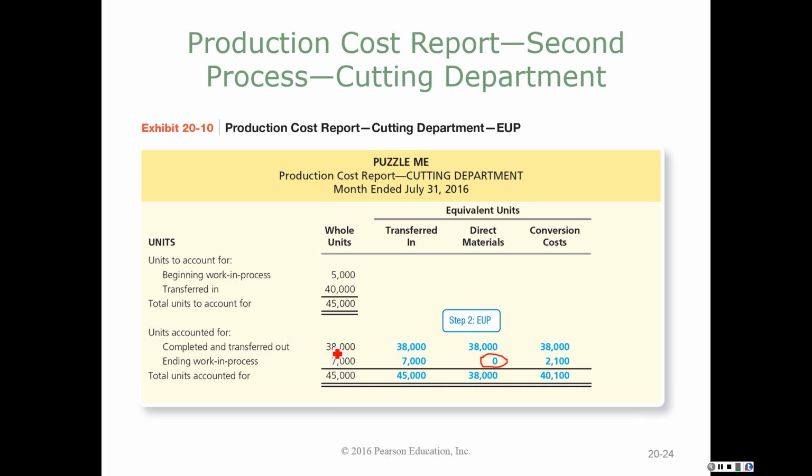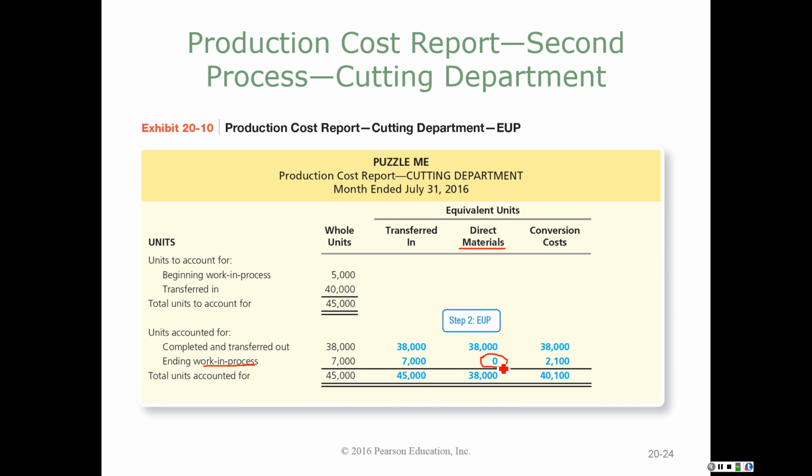So we haven't incurred, and what are we ultimately trying to figure out? What cost? We want to know what cost took place in the cutting department. Well, there were zero cost for these 7,000 units that were in work in process. They're not complete. They do not have any direct materials yet. So we have spent zero cost on 0 units basically for materials.